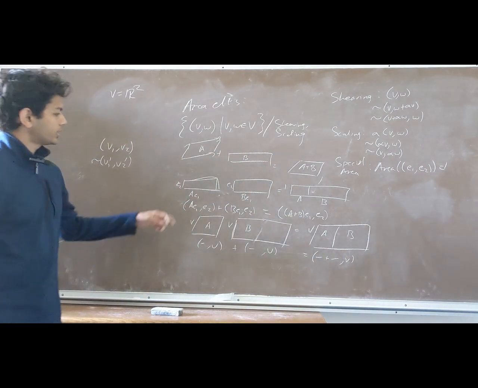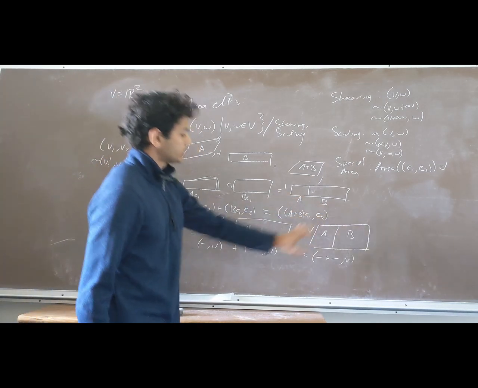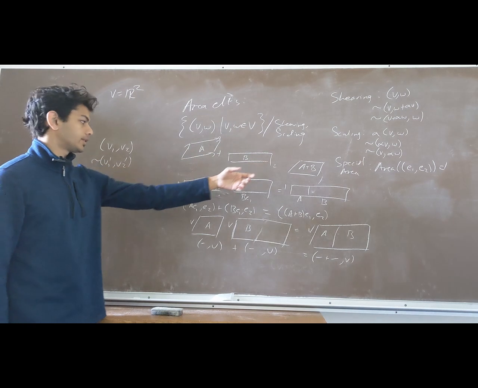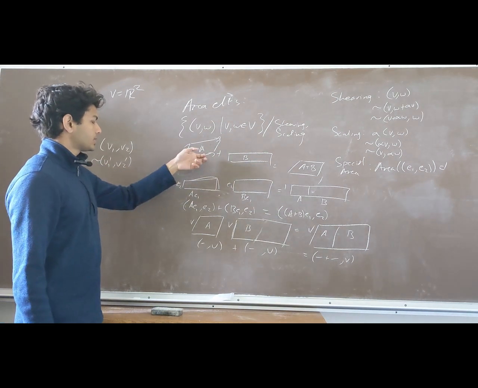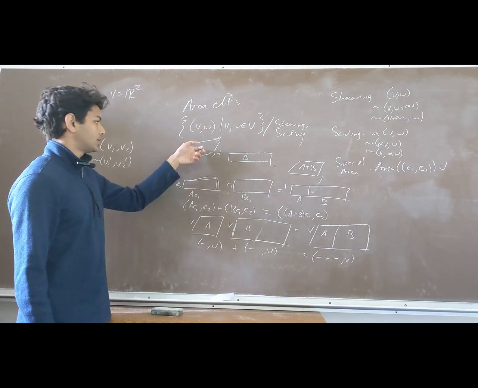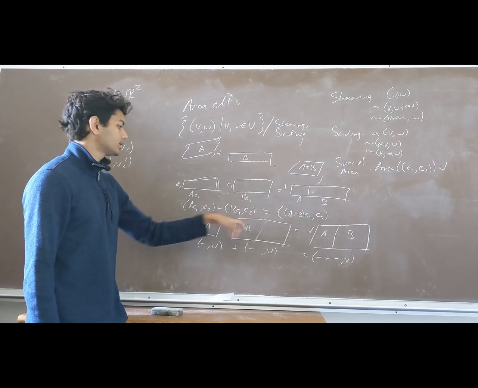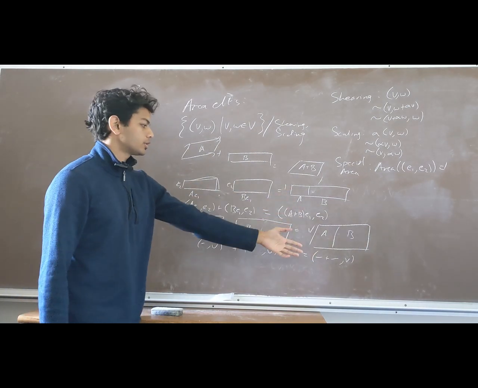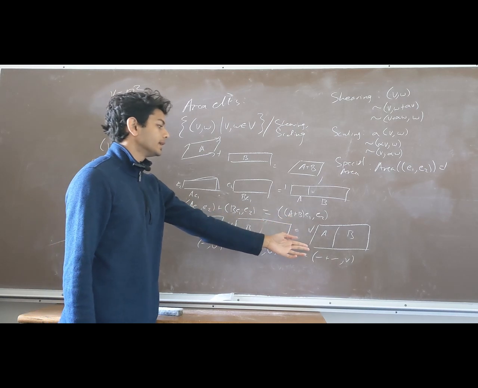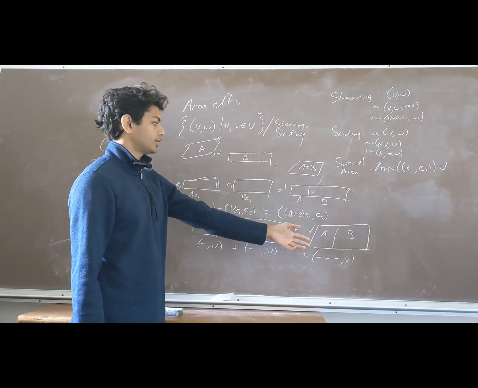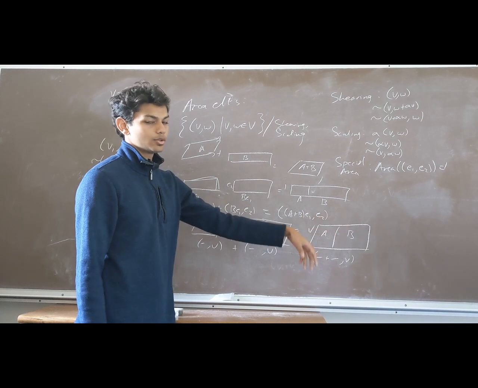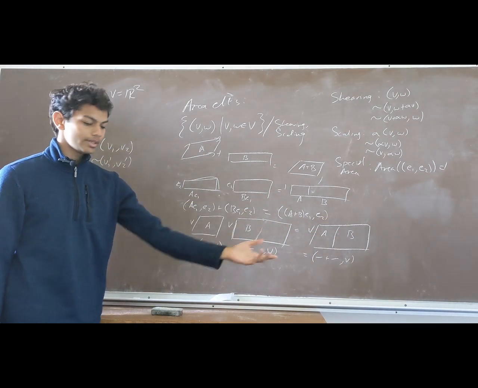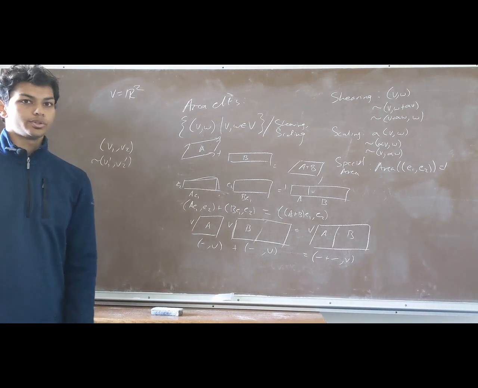And you can ask, okay, are these two resulting things equivalent? What we want is for the addition to be well defined, right? So we can choose this as a representative representing this area, and this as a representative representing this area, and same for these. And we can add them up to get seemingly two different figures, but two things are equivalent if and only if they have the same area. And since these two are always going to have an area of A plus B, since you're just sticking two things next to each other with areas A and B, we get that the addition is independent of what representatives we choose.